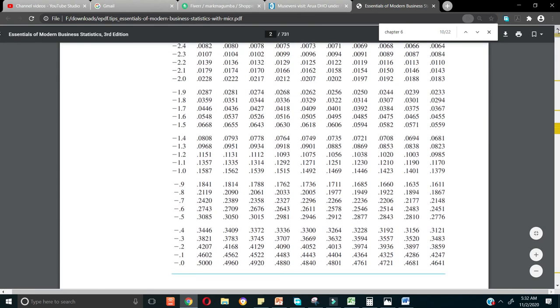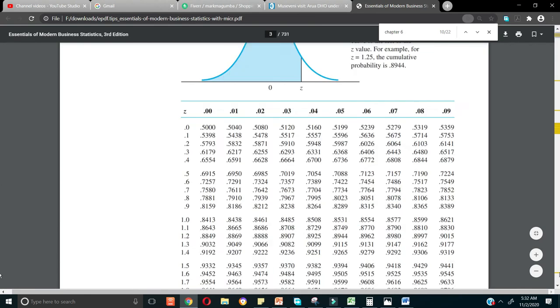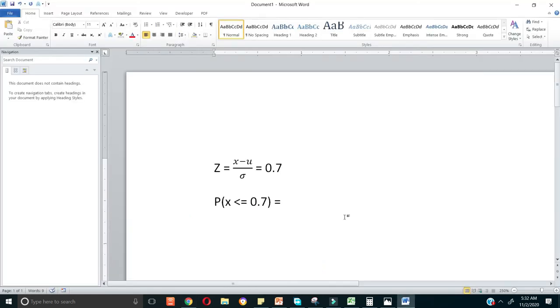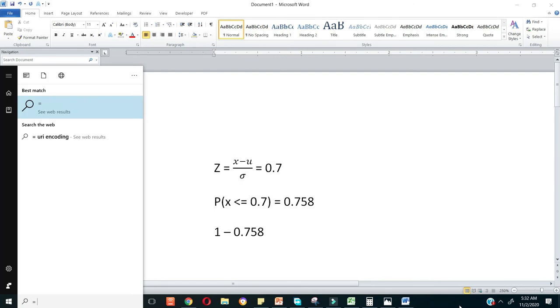So 0.7 is 0.758. That is for less than, but for greater than, you're going to get 1 minus 0.758, and that should give you this value.